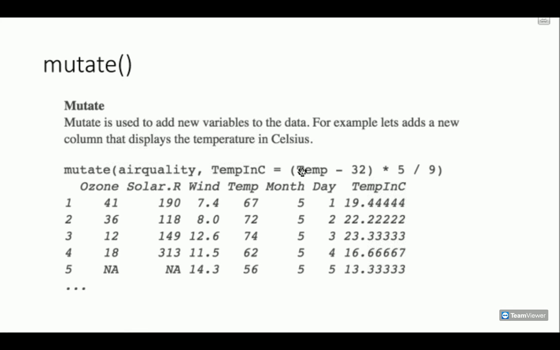So for the calculation, you subtract 32 from temp and then multiply it by 5 by 9. This is the new column that's been added to the existing air quality data set, and you have the temperature in Celsius. So mutate is used when you want to perform calculations and add a new column to the existing data set.